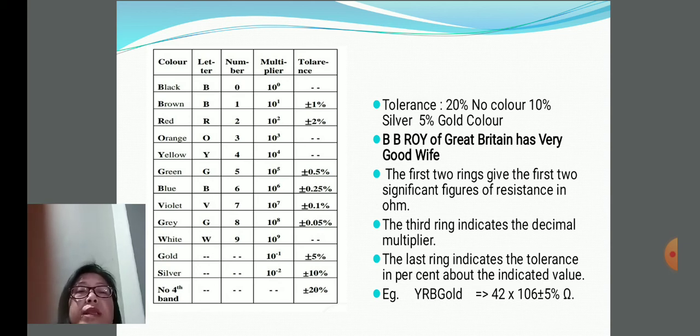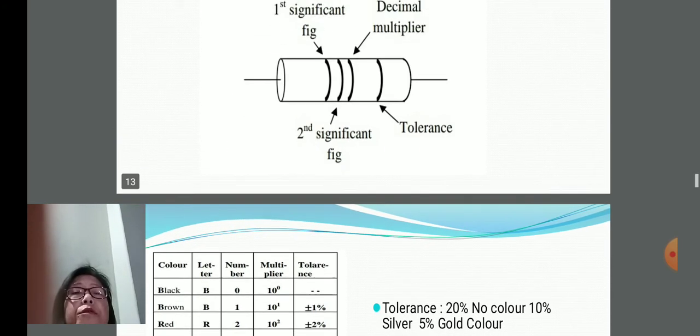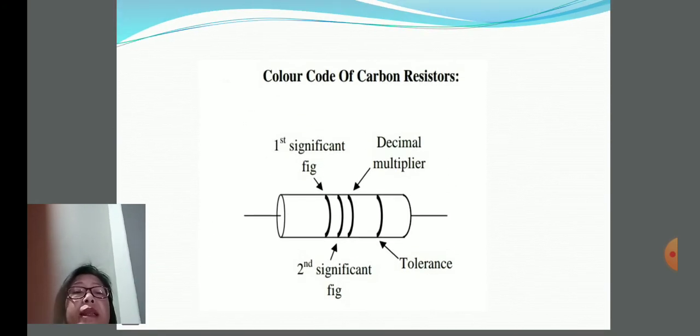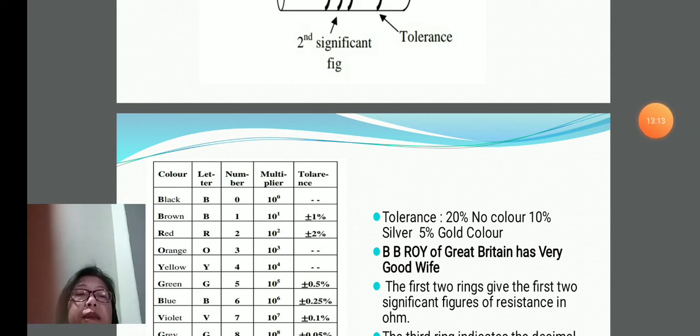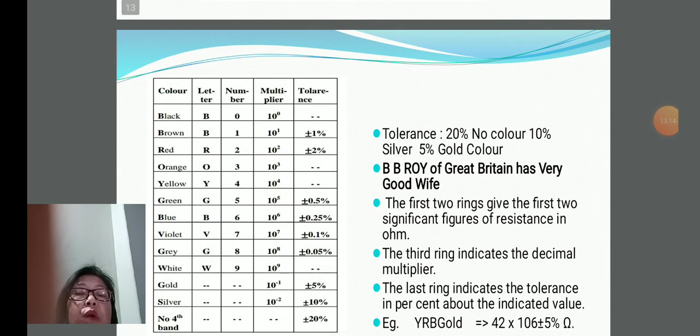What does all this indicate? Let's see. In the first slides I had already said that these rings are made up of different colors, and suppose the first ring is yellow, then what does it indicate? For example, I have given one here, YRB gold.